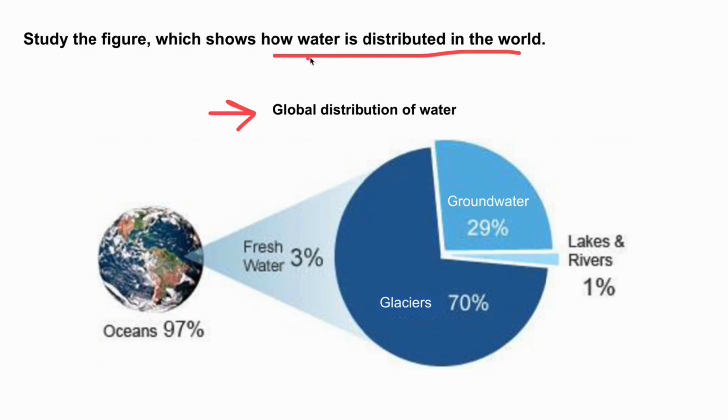So both of these are pretty easily understood. Nothing much to explain. The complex thing comes from these two pie charts. How are they related? If you look at the original pie chart here, oceans, 97%, freshwater, 3%. Let's call this pie chart 1. You look at pie chart 2 here.